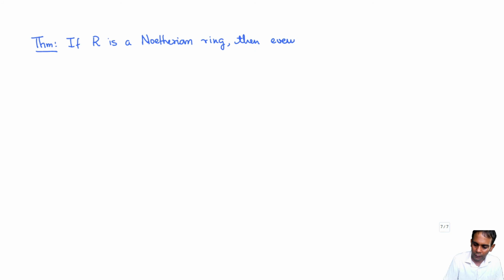The first result that we can prove, in some sense the main result that we'll be proving from all this, is that if R is a Noetherian ring, then every finitely generated R module is Noetherian.